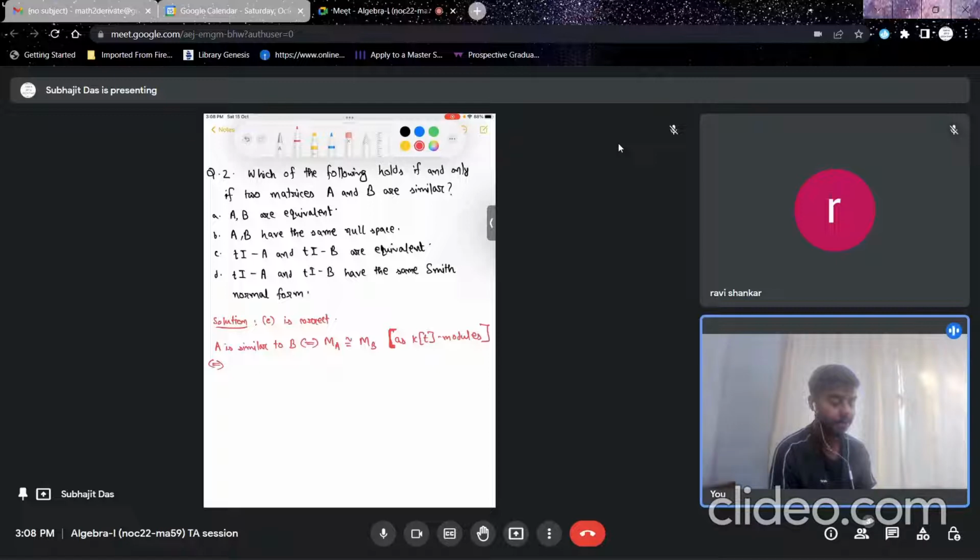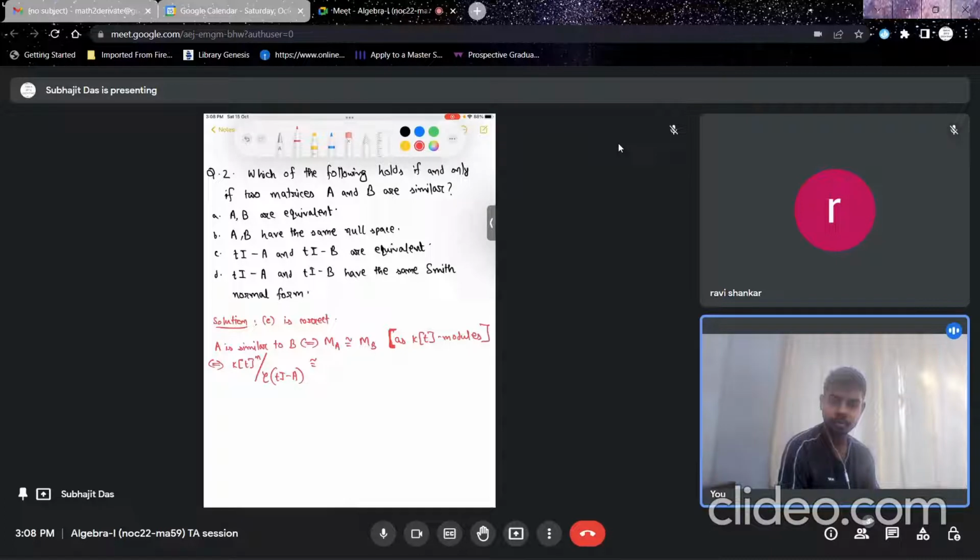So MA is isomorphic to MB as KT modules, which is equivalent to saying, now you already know what MA looks like. It is the free module KT power n modulo the column space of Ti minus A. This you have also seen in the previous week's lecture on Smith normal forms.